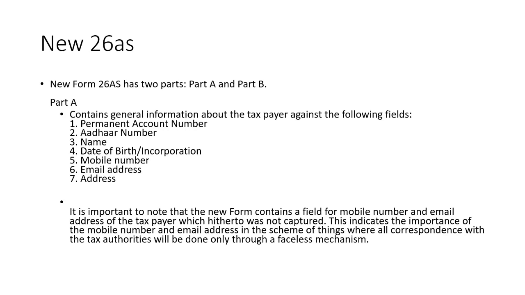So a lot of fields are there in the 26 AS: mobile number, email address, etc. All these things are captured from the income tax portal, where the taxpayer has already linked the Aadhaar with the income tax department. The mobile number is very important.